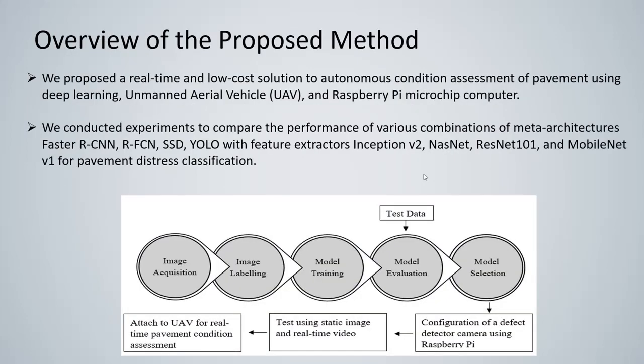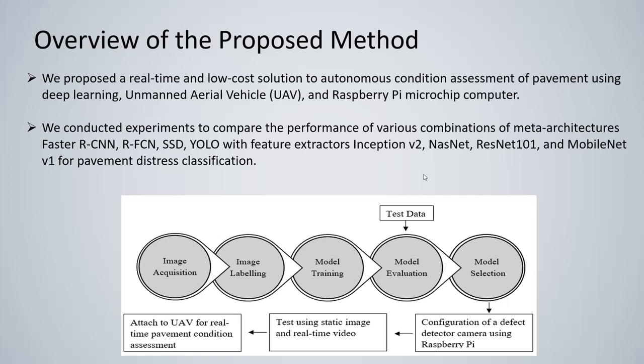Overview of the proposed method. We proposed a real time and low cost solution to autonomous condition assessment of pavement using deep learning, unmanned aerial vehicle, and Raspberry Pi microchip computer.